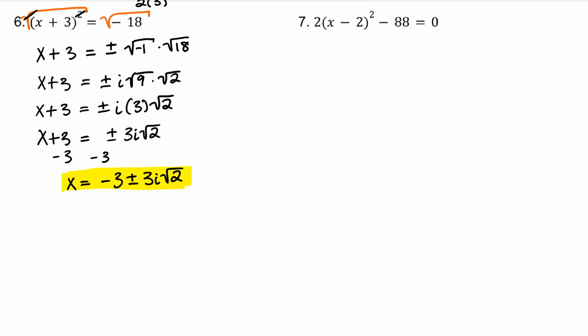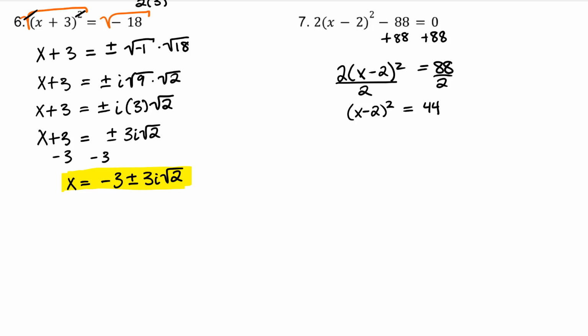For number 7, is the squared term isolated? Not yet, so let's do that. Now is it isolated? No, we still have 2 being multiplied by the quantity that is squared, so we need to divide both sides by 2 first. Now the squared term is isolated, so let's use square root property of equality to solve.